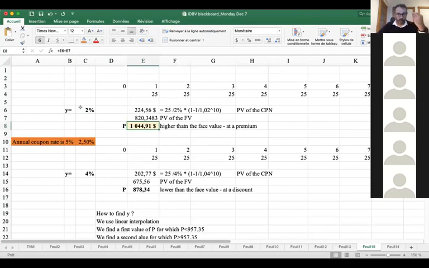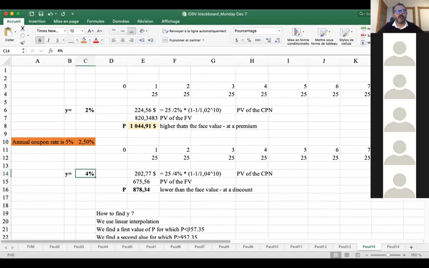So the value of the bond will certainly increase, and so the price will certainly be higher than the face value. So 144 is higher than 1,000. Okay, on the contrary, if suddenly the situation on the market is that semi-annual we have a rate of 4%, which is an annual rate of 8%, it means that currently the market offers better conditions for bonds than the one offered by your bond.